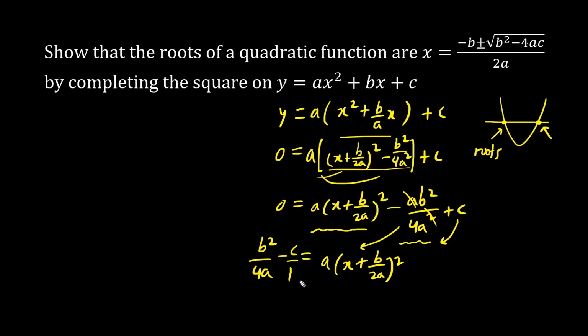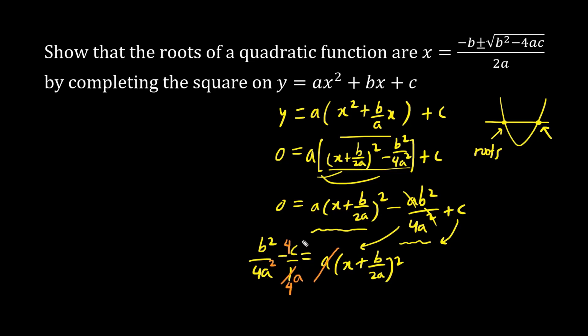Now let's divide both sides by a. By dividing this right side by a, we have to divide both terms by a. So this becomes a squared, and this 1 becomes just an a. And if we multiply top and bottom by 4, we have 4 here and 4 here.